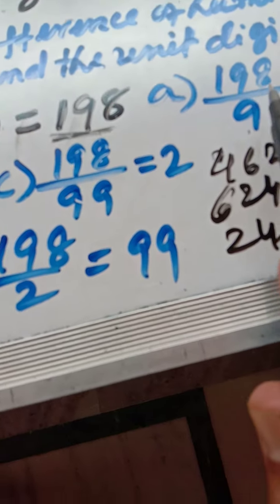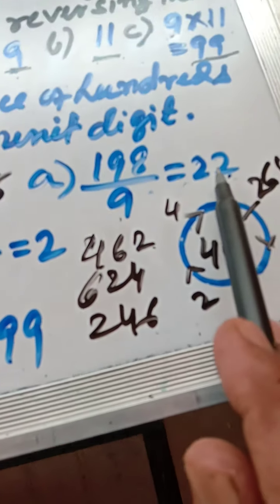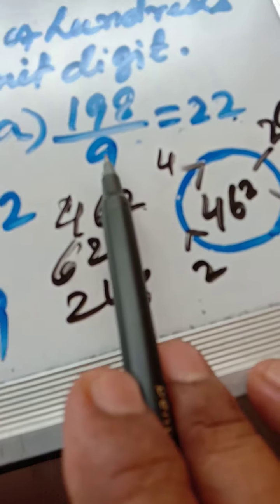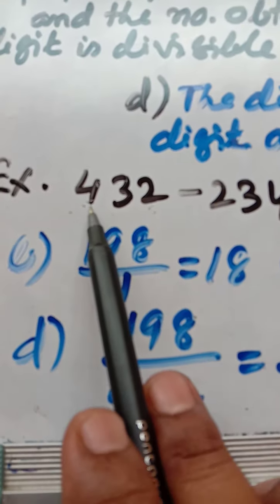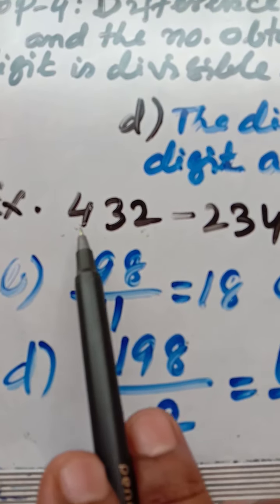The difference of the 100s digit and the unit digit is 4 minus 2, that is 2. So 2 into 11 will be 22.